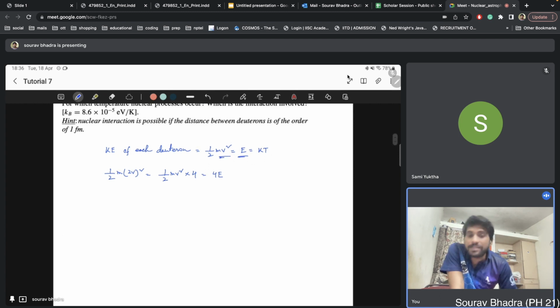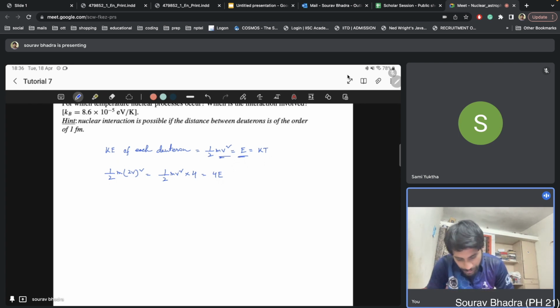So 4e is a more appropriate calculation in the deuteron frame. And as you know, the kinetic energy has to overcome the Coulomb potential between the two deuterons, then the reaction will occur.